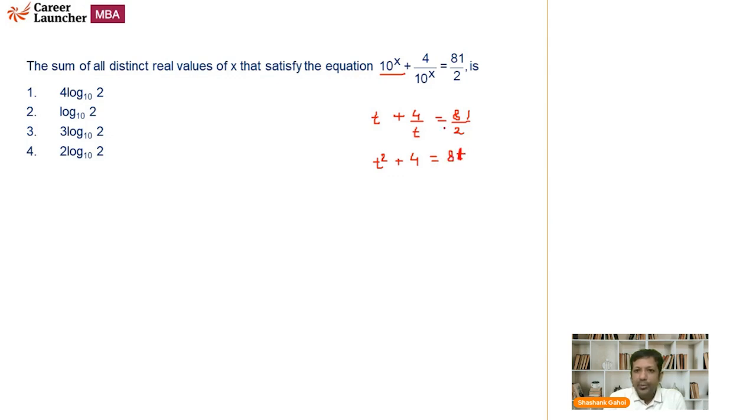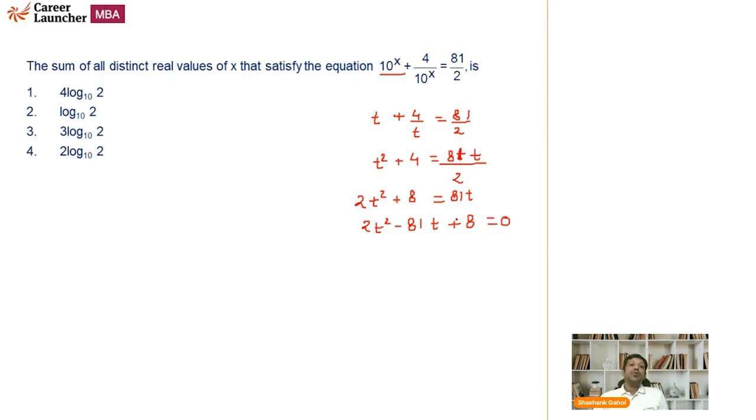So I'm taking t common in the LCM and multiplying with t. So I am going to get 2t square plus 8, and that is equal to 81t. So I can say 2t square minus 81t plus 8 is equal to 0.